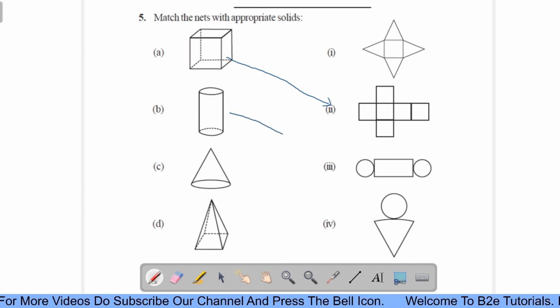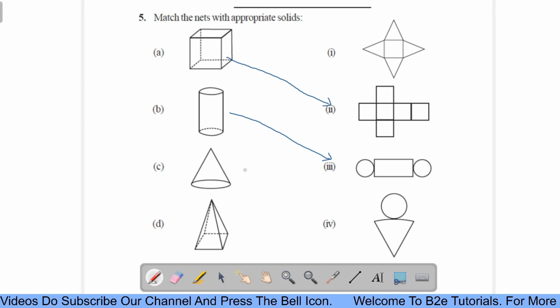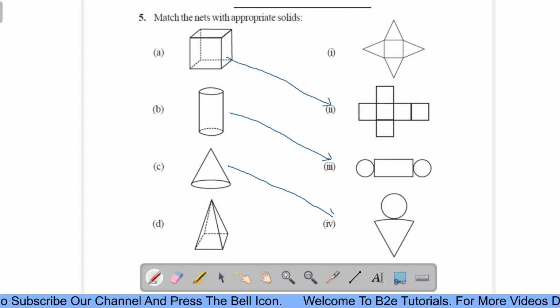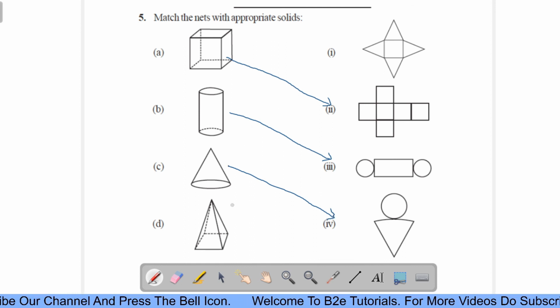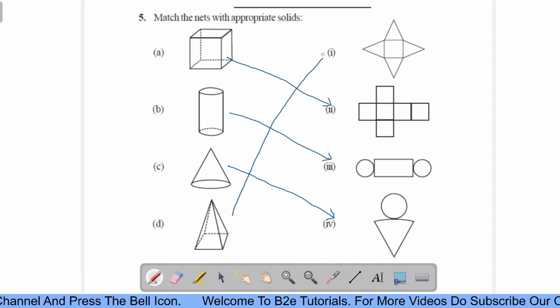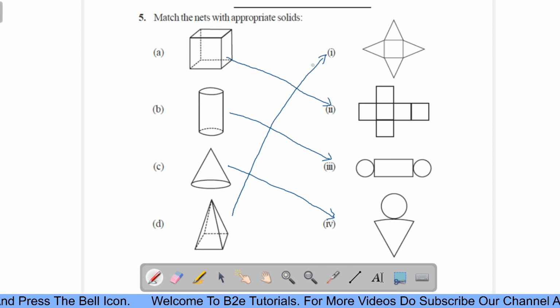Cylinder, it is equivalent to third part. Then cone. Cone is equivalent to fourth. And pyramid, it is equivalent to fifth part. Thank you.